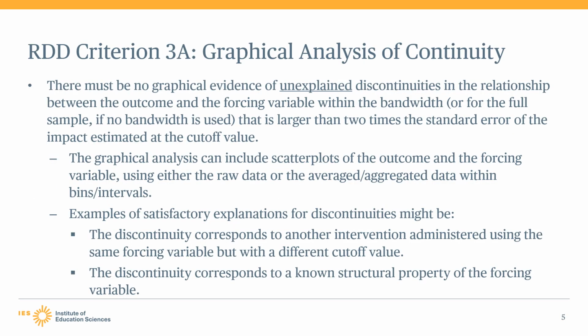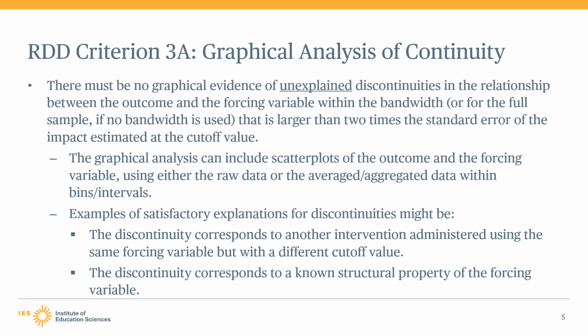Criterion A of the continuity standard, which we will hereafter refer to as RDD Criterion 3A, requires that there be no evidence when using graphical analyses of a discontinuity in the outcome forcing variable relationship at values of the forcing variable other than the cutoff value, unless a satisfactory explanation of such a discontinuity is provided.